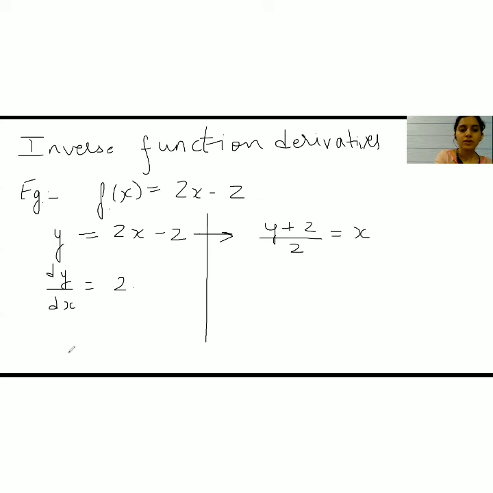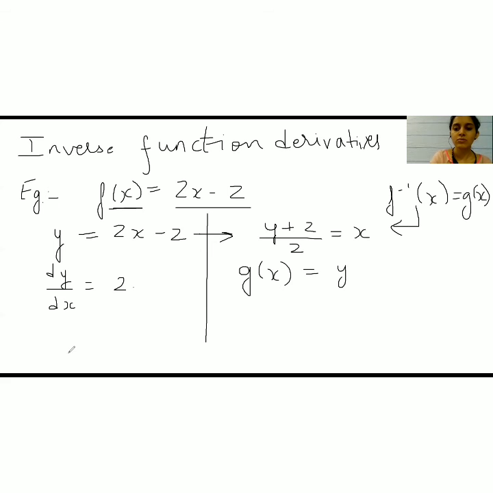So if f of x is equal to 2x minus 2, then f inverse of x is equal to what? This function over here. I'll call this function g of x, instead of writing f inverse of x. So g of x is equal to (y plus 2) upon 2.